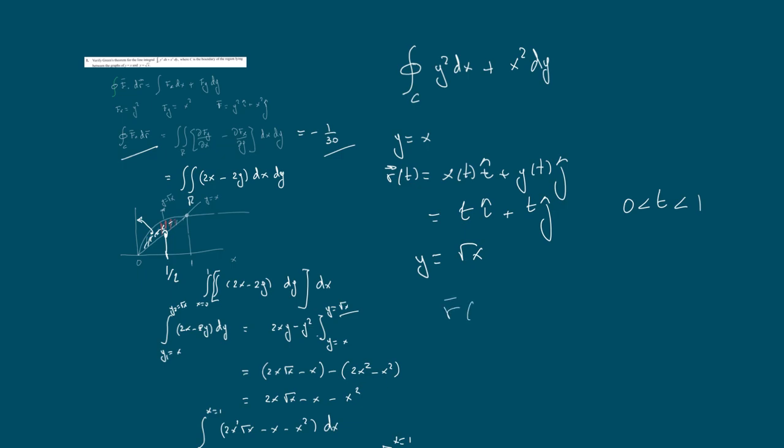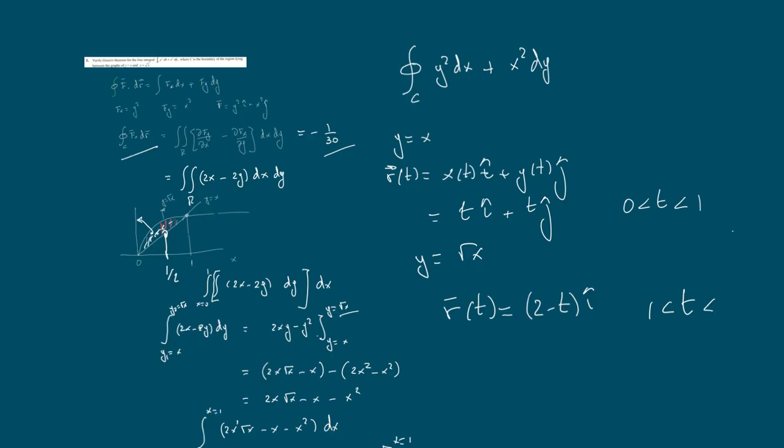The good parameterization that I can find is to say that r of t, because t is going to change between 1 and what? So I need x of t to be 2 minus t. So 2 minus t i will give, when t equals 1, the point 2 minus 1 is 1, 1 i.